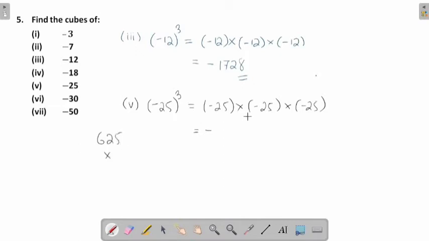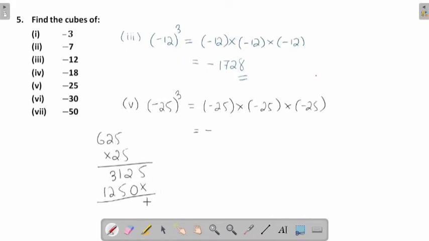So 25 into 25 is 625, into we have still 25. So let's multiply. 5 5s are 25, carried over 2, 5 2s are 10, plus 2 is 12, carried over 1, 5 6s are 30, plus 1 is 31. So leave this space. 5 2s are 10, carried over 1, 2 2s are 4, plus 1 you get 5, 6 2s are 12, right?